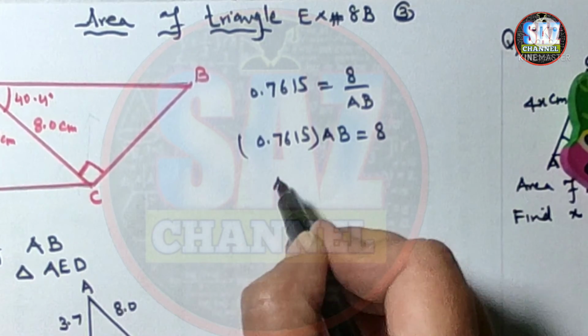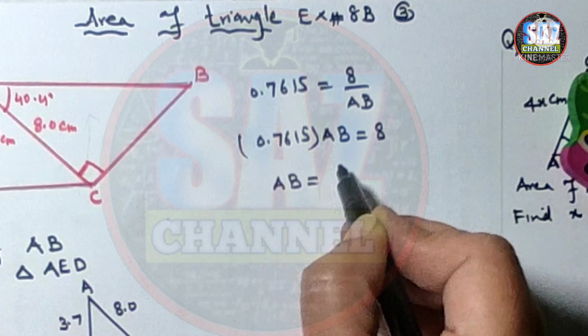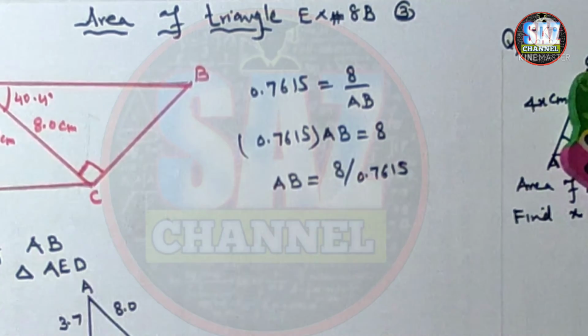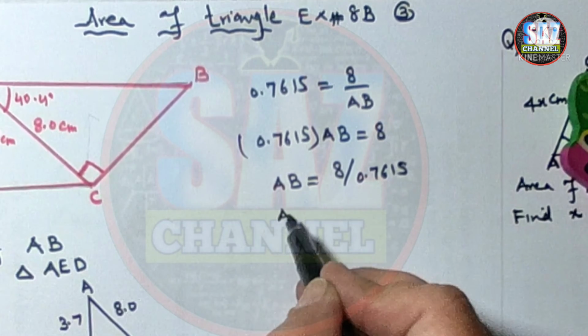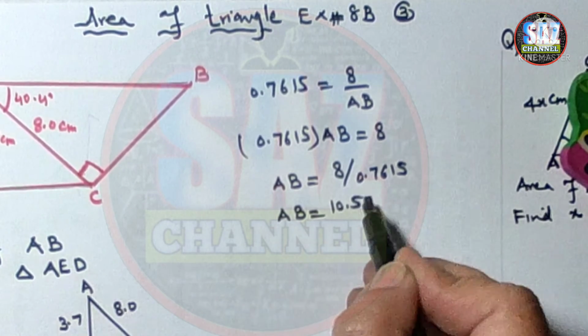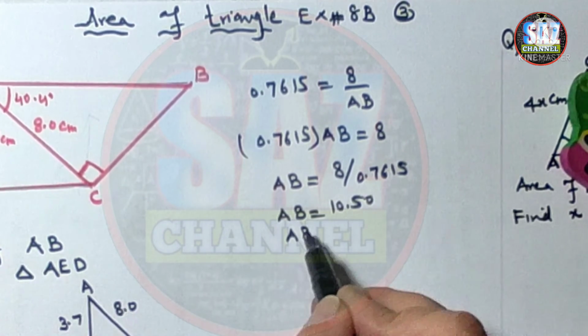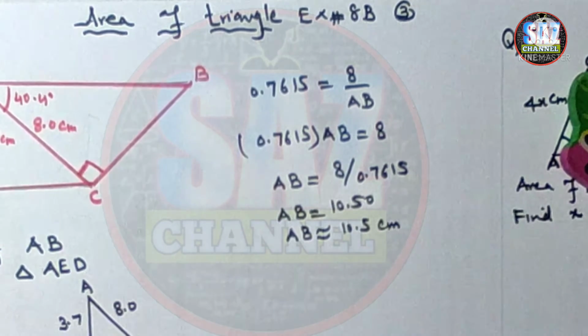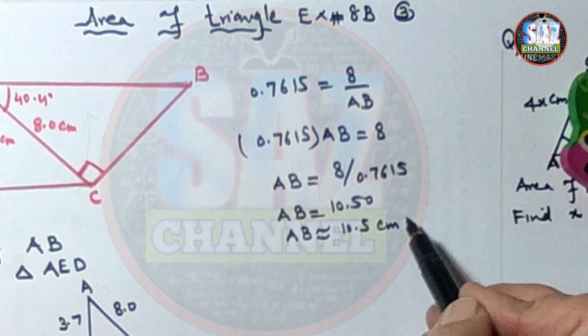We need the value of AB, and AB equals 8 upon 0.7615. 8 divided by 0.7615 gives me AB is 10.50, or approximately 10.5, and as the measurements are in centimeters, I will mark my answer with centimeter. I hope you are clear about this part.